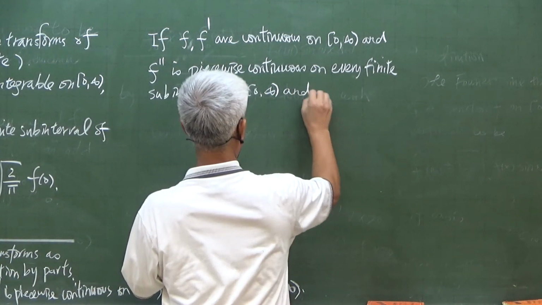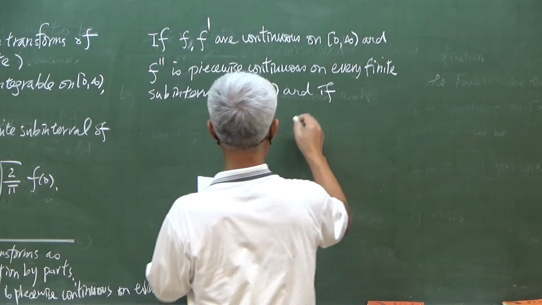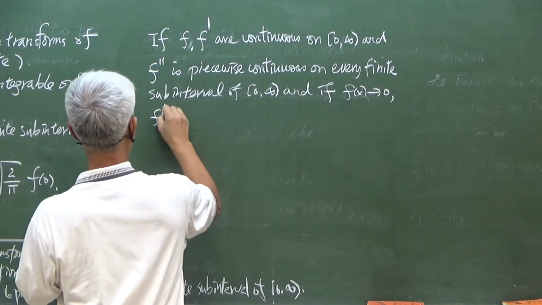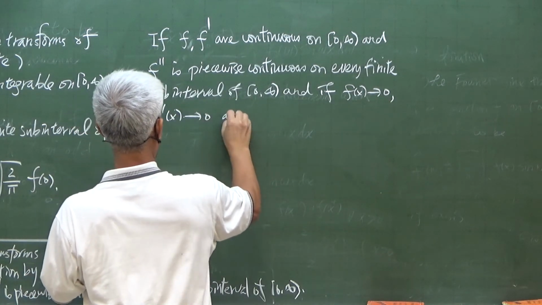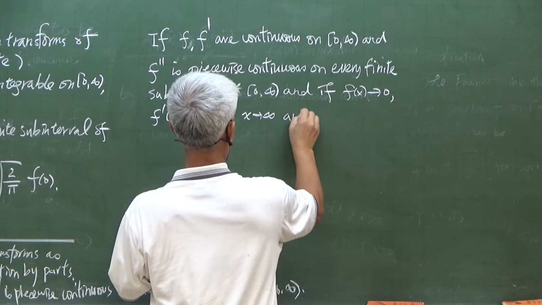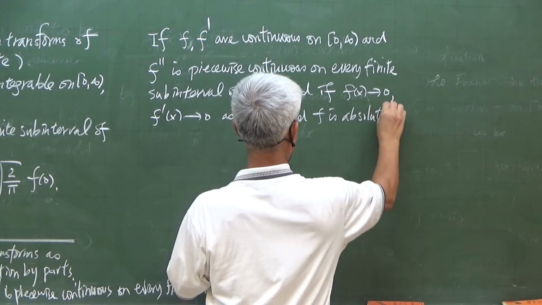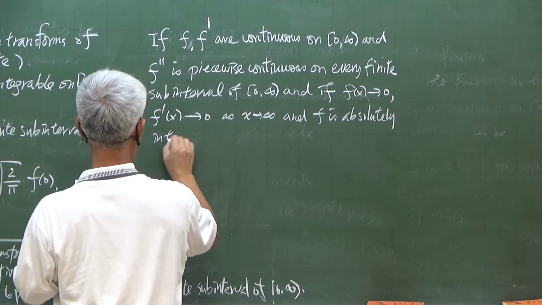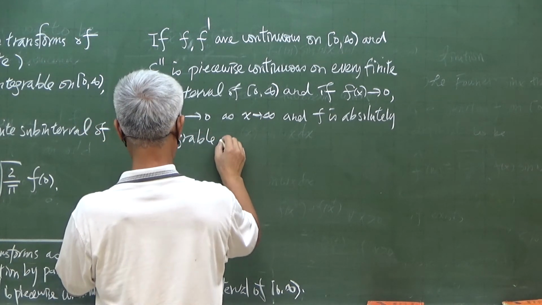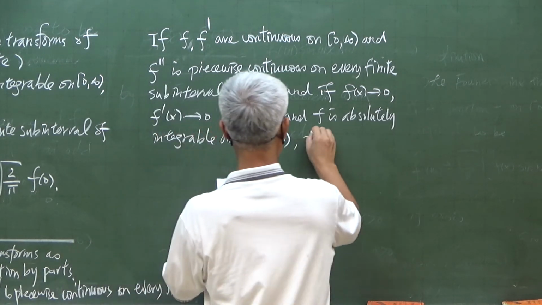And if f of x goes to 0 and f prime of x goes to 0 as x goes to infinity, and f is absolutely integrable over the semi-infinite interval.